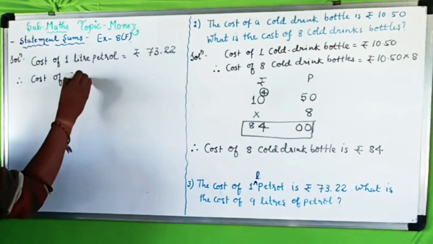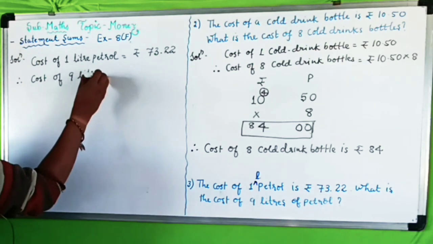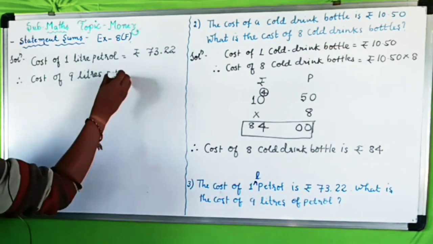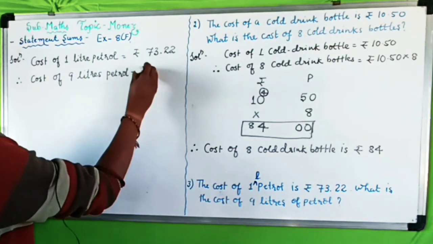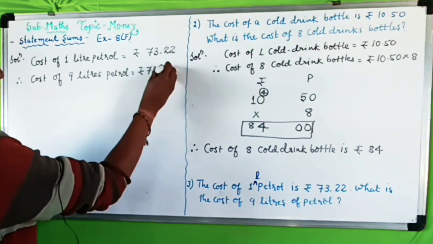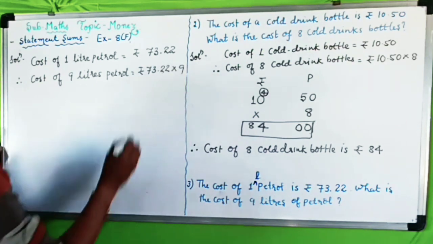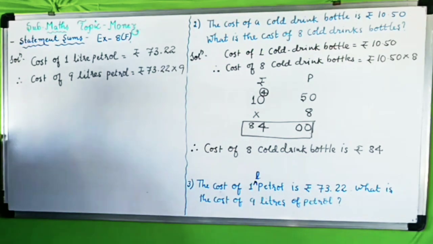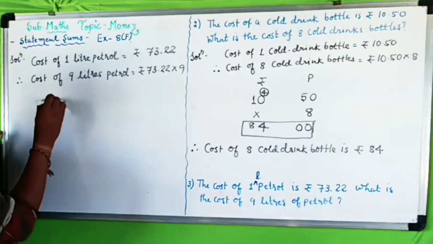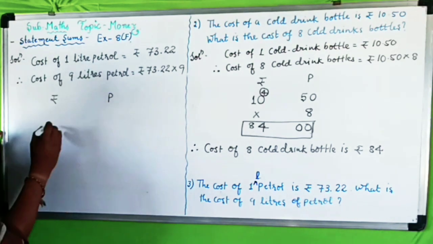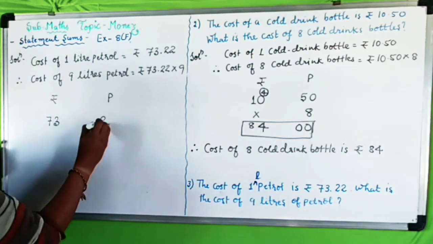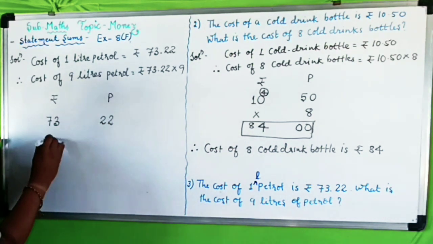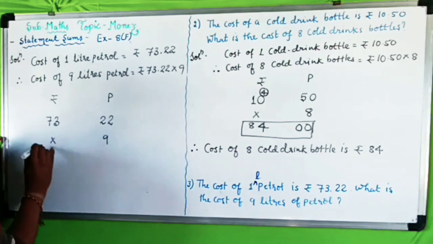Therefore cost of 9 liters petrol equal to rupees 73.22 multiplied by 9. Okay, I will write here rupees column and paise column. 73 in the rupees column and 22 in the paise column. Multiply. Here I will write 9.